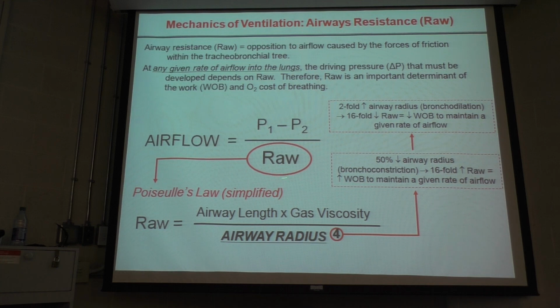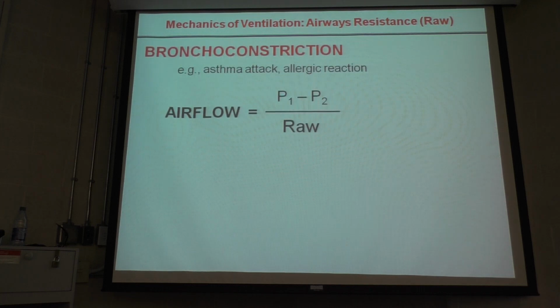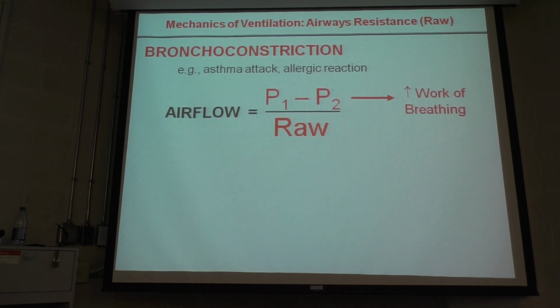So, airway resistance is a major determinant of the pressure that needs to be generated to move air into and out of the lungs. So we talked about this in the context of bronchoconstriction. An increase in airway resistance necessitates an increase in the driving pressure for airflow, or the work of breathing, to support a given rate of movement of air into and out of the lungs.